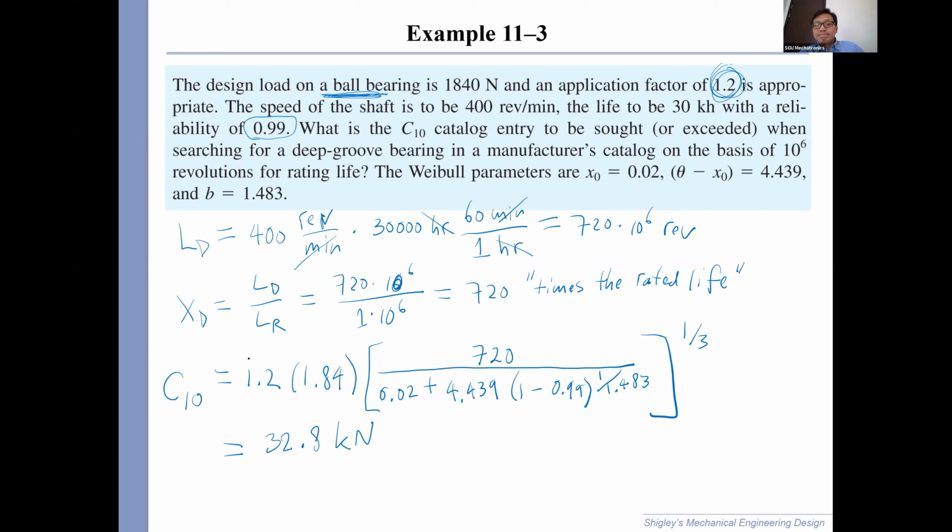Any questions on the calculation? If there's no question, I'm going to summarize this again. The desired, we want 720 million revolutions, 1840 Newton or 1.84 kilonewton, 99% reliability. That's the requirement.